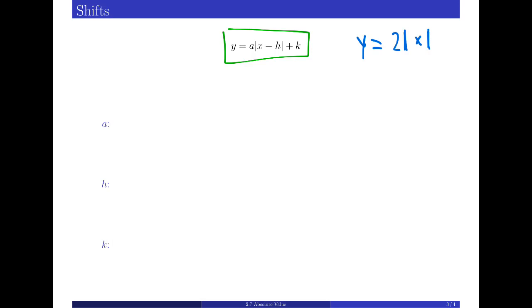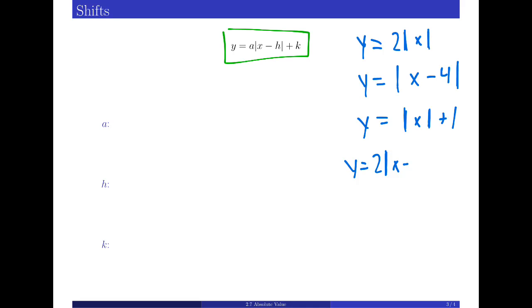Or we could add or subtract something inside of the absolute value. So we could do something like y equals the absolute value of x minus 4 and see what that graph looks like. Or we could add something at the end and graph y equals the absolute value of x plus 1. Or we could do all of those at once. y equals 2 times the absolute value of x minus 4, plus 1. And what's going to happen to that graph compared to y equals absolute value of x?